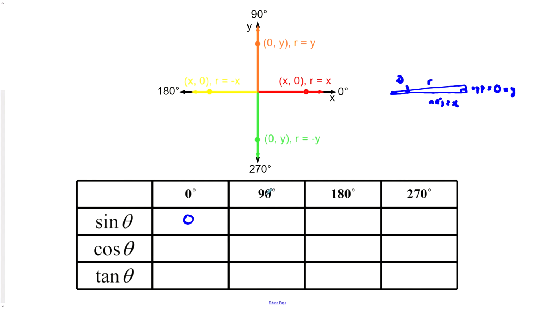Next, let's do sine 90, and the same thing applies, but this time it's the other way. Our y value is the same as our r value, and our triangle squishes into essentially just a line here.